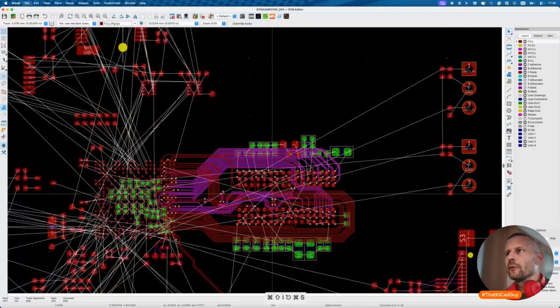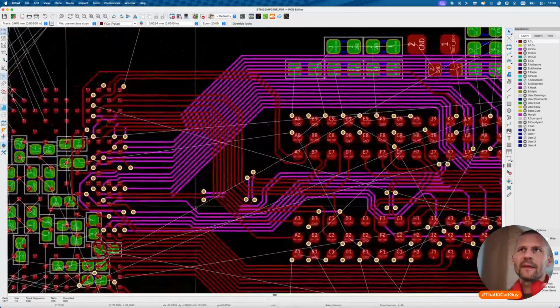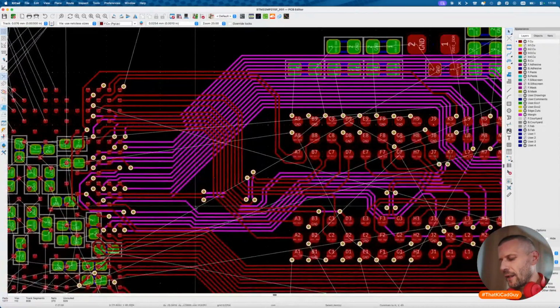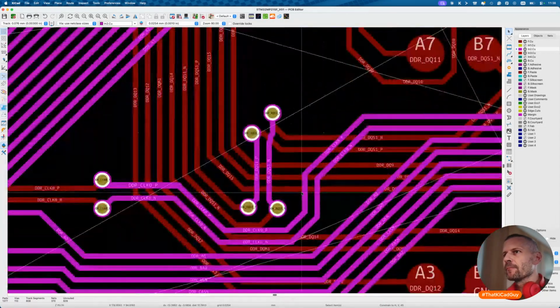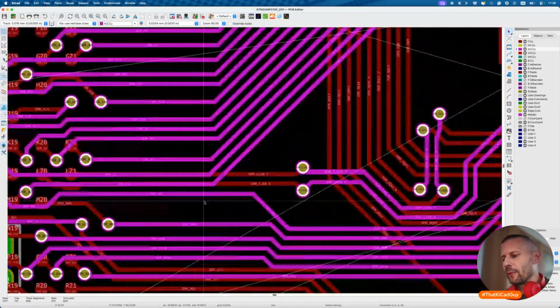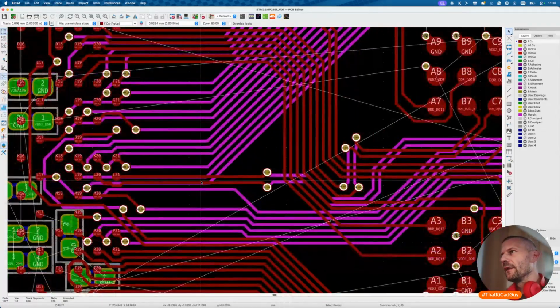Okay, fine. So the last thing for today, can we make the clock signal longer to be about 25 millimeters? Probably yes. I'm not sure, but probably yes.